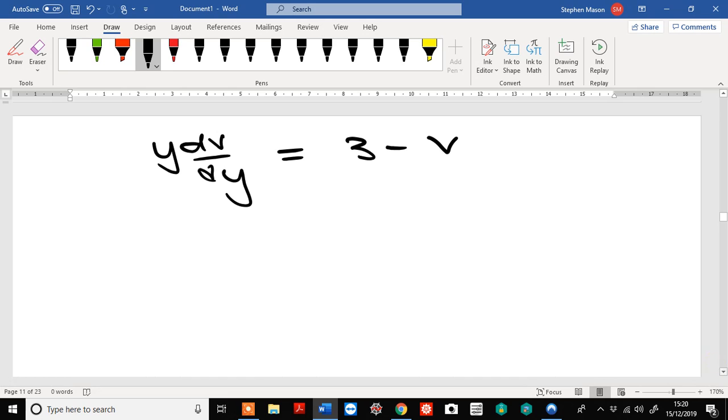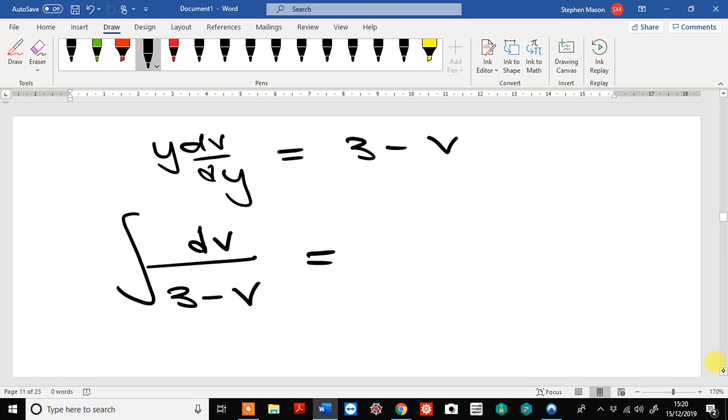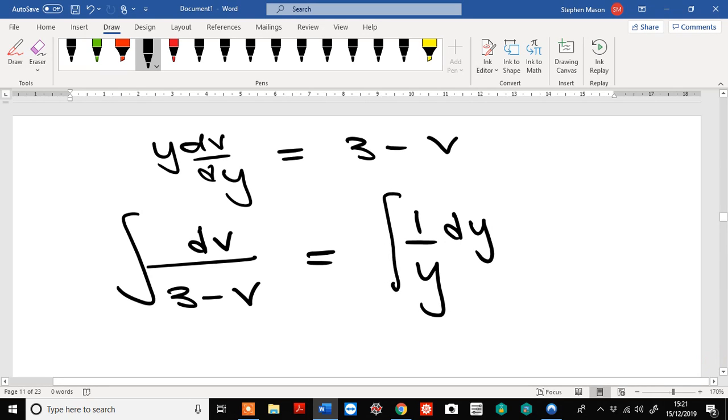So we divide both sides by 3 minus v, put an integral sign in there, and we multiply both sides by dy and divide both sides by y. So we get that.